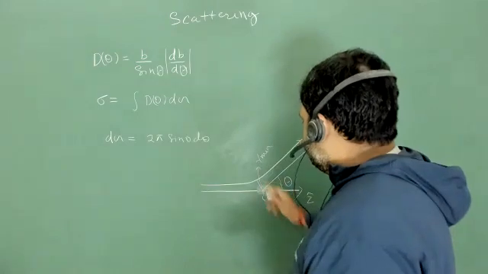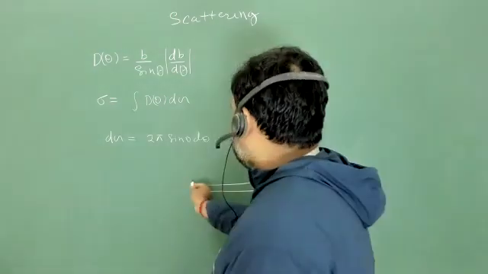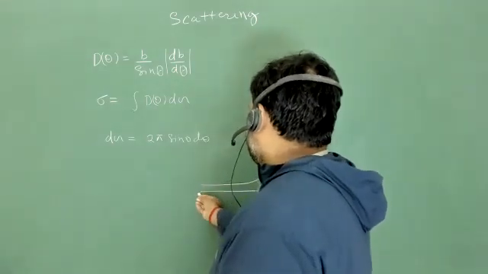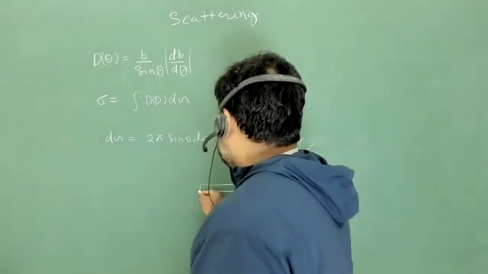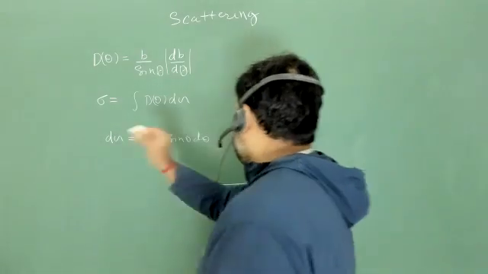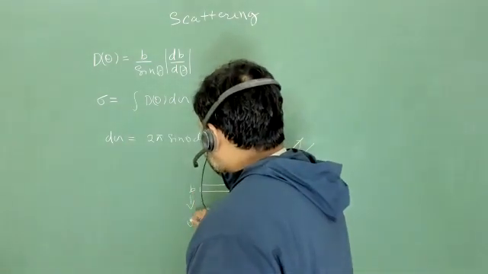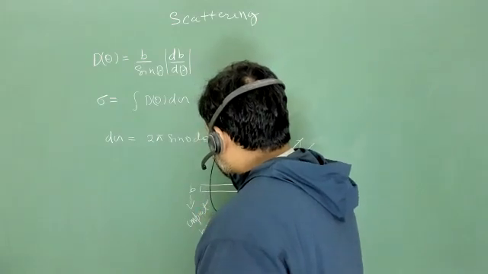When you are sending the particle, you have to send it at some distance from the reference line, and this distance is nothing but b, known as the impact parameter.